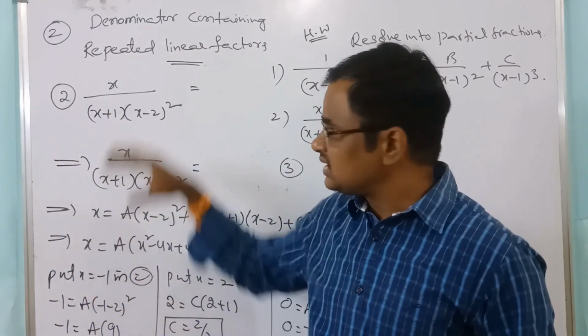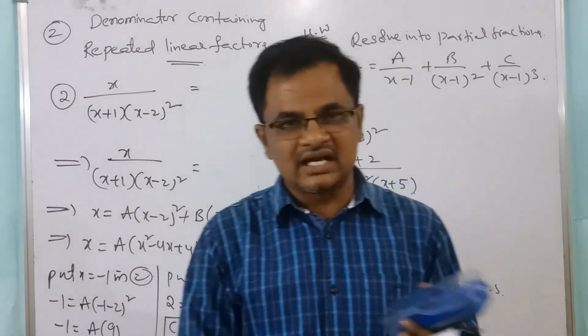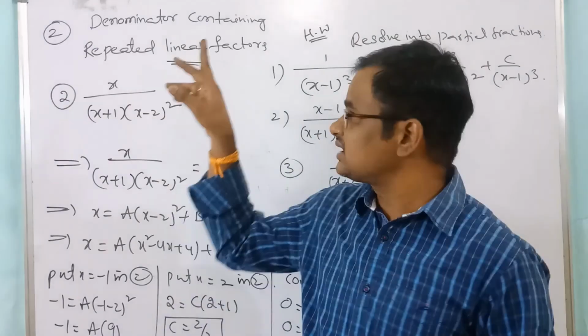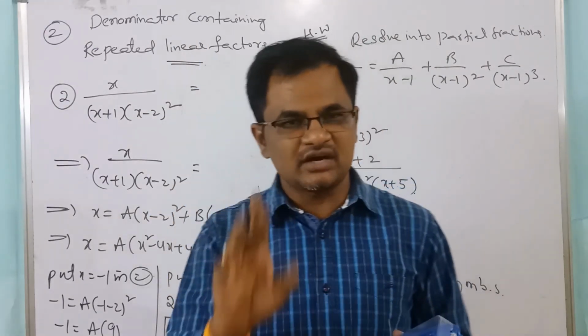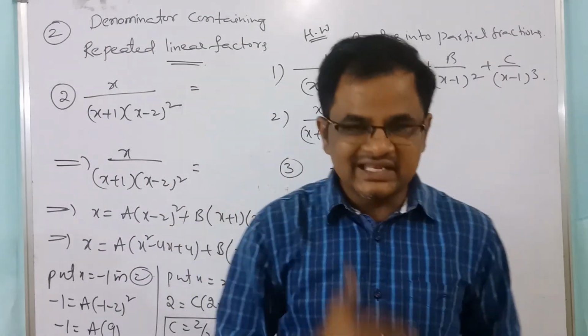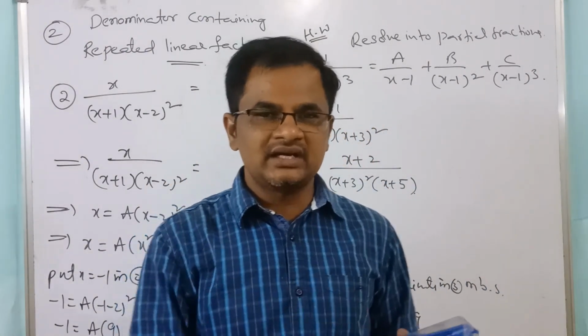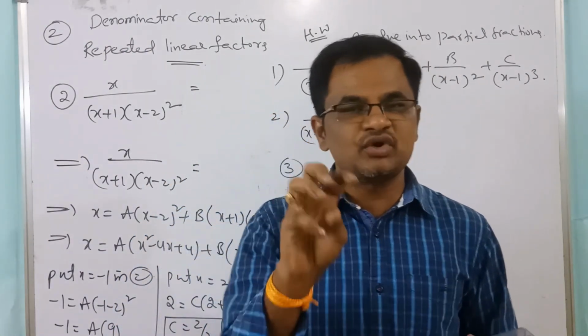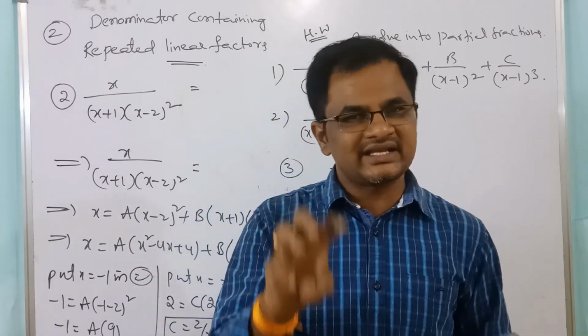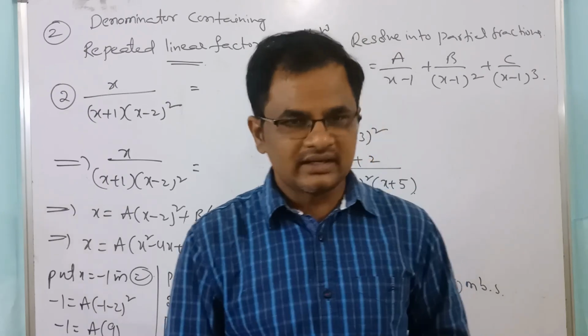In that, the first is denominator containing non-repeated linear factors, and denominator containing repeated linear factors. These two are completed. In the next video, we will discuss denominator containing non-repeated irreducible quadratic expression and repeated irreducible quadratic expression. Okay? Right. Thank you.